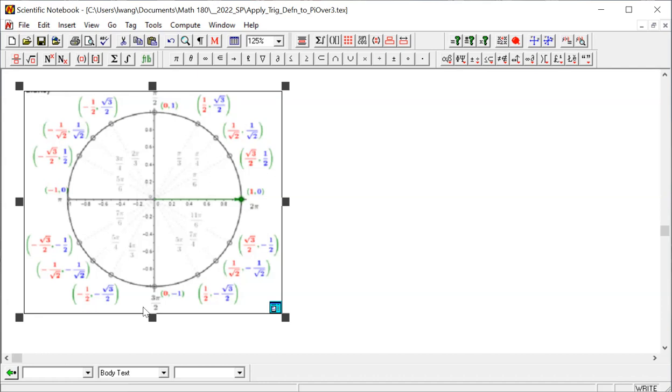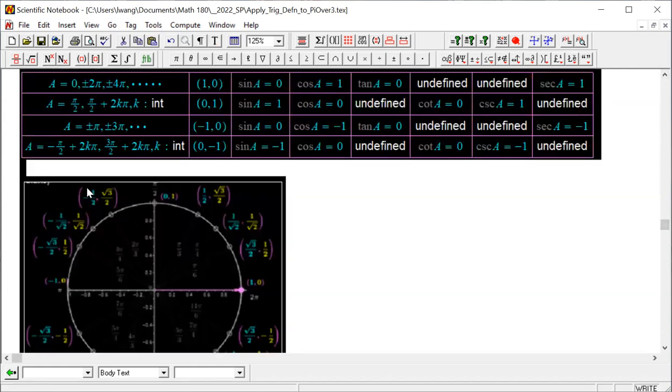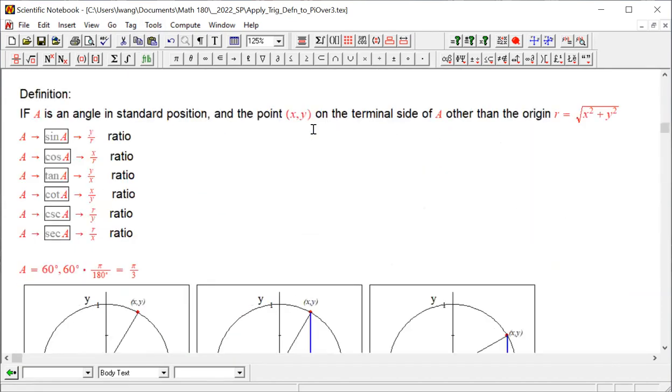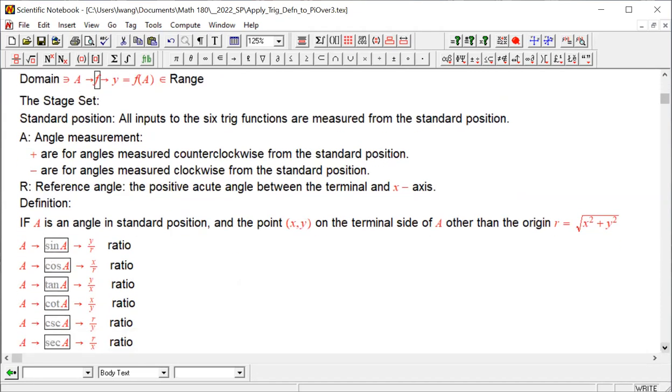However, reading this chart is not the goal. Our goal is really to understand the definition at the beginning, right here. This is the important part we really need to understand.